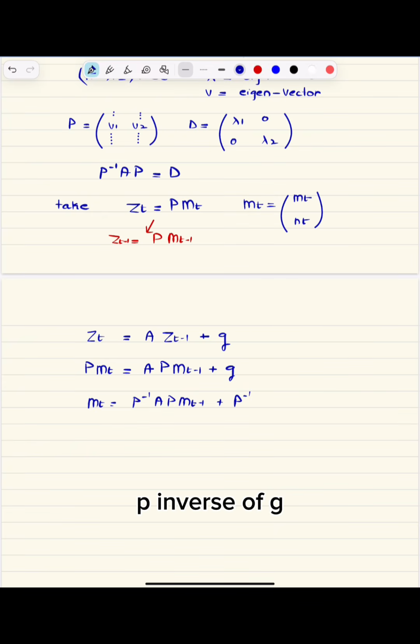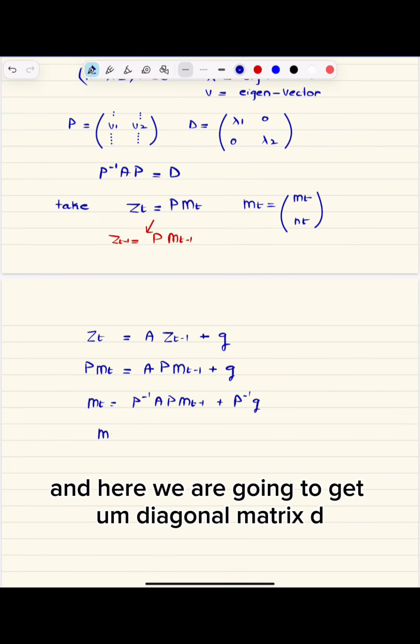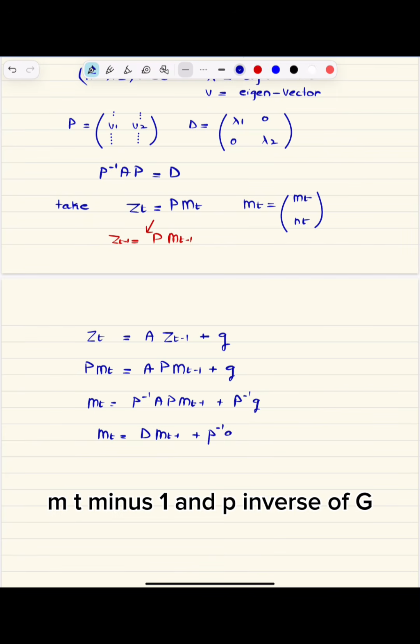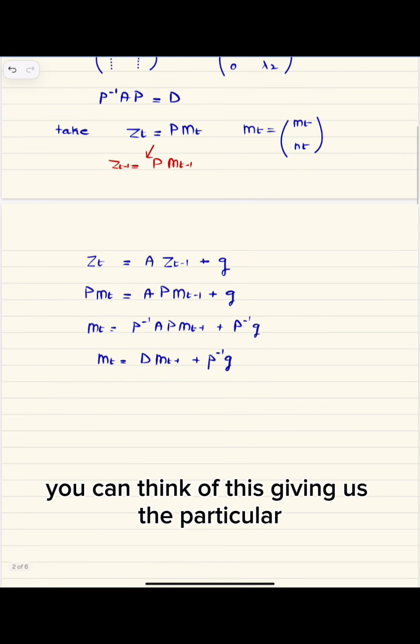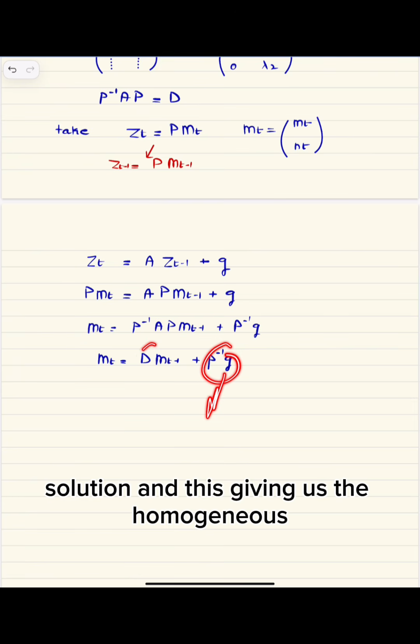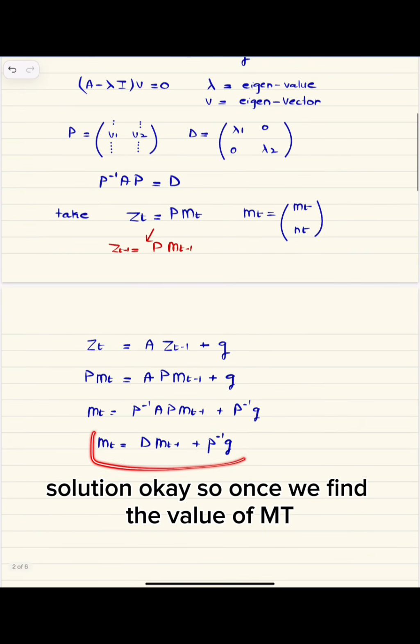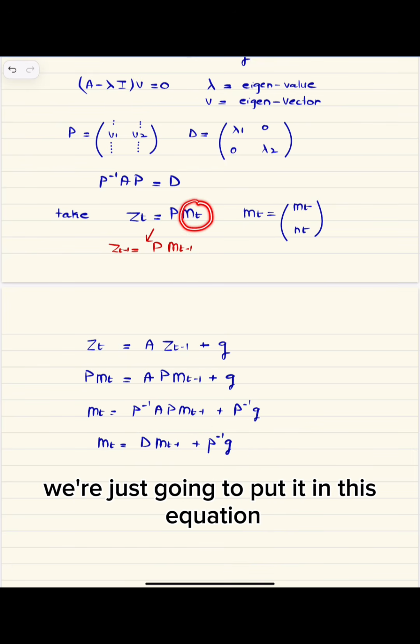P inverse G. And here we are going to get the diagonal matrix D, M_{t-1}, and P inverse G. You can think of this giving us the particular solution and this giving us the homogeneous solution. Once we find the value of M_t, we're just going to put it in this equation.